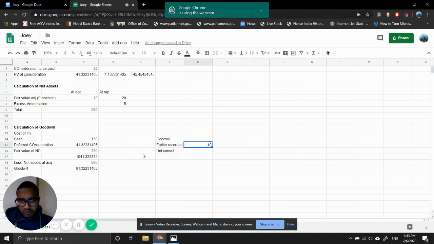Okay, so goodwill has increased by this amount, right? And then it will also decrease by a further amount, okay? And so the fair value adjustment will decrease it, minus 20 should decrease it.